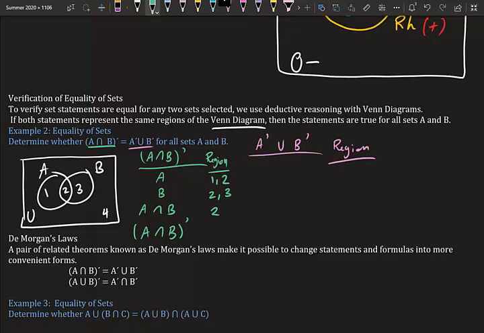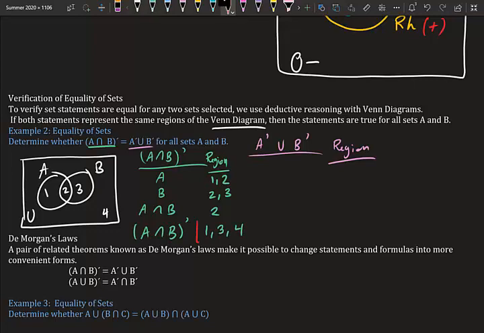So now we have what is the intersection, which is 2. Every other number is the complement, because remember, the complement is what is not. What's the difference? What's the opposite? It's not 2, so it's 1, 3, 4, and those are the regions we're talking about using our Venn diagram.